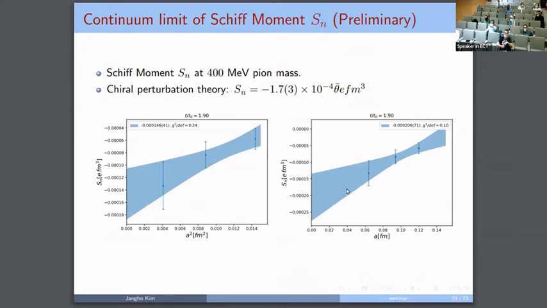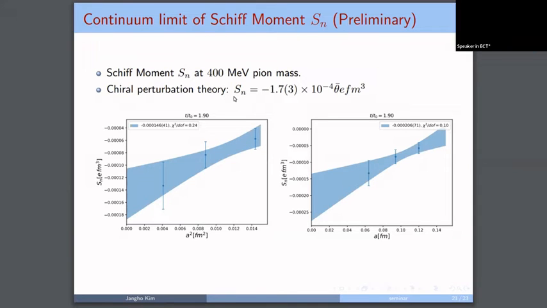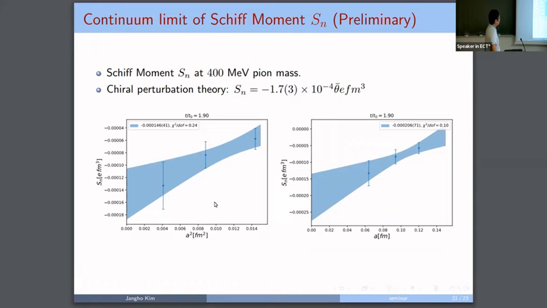Okay, so also we did the continuum limit for shift moments. Yes, also there are two fits, and there is a chiral perturbation theory result, and actually this number is independent of the pion mass.